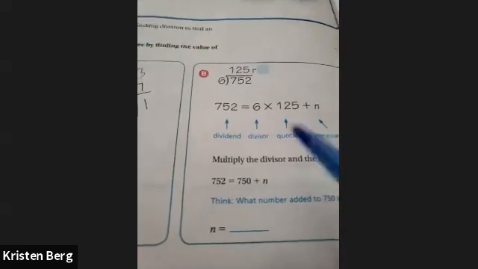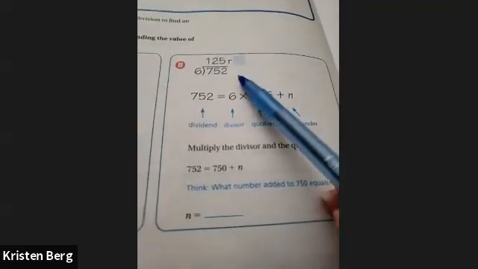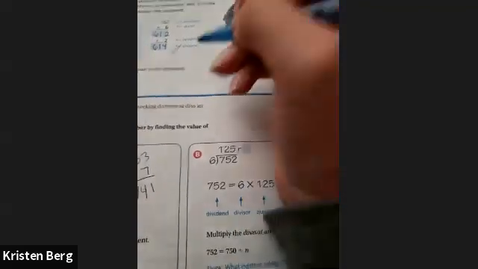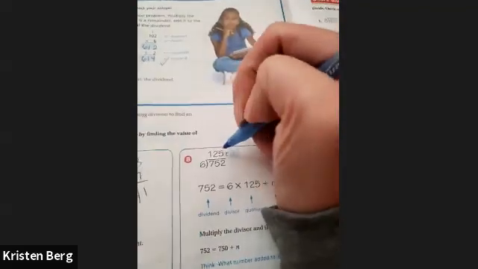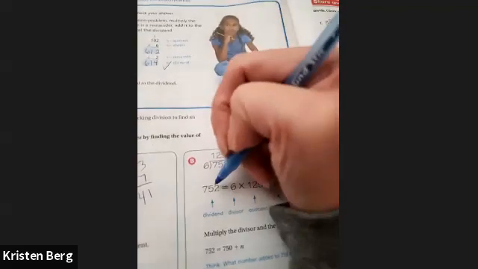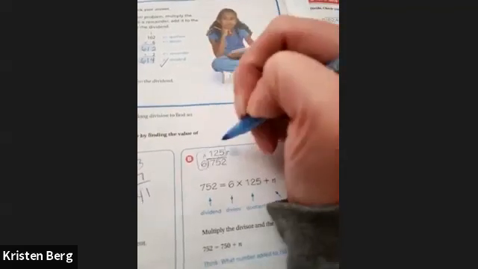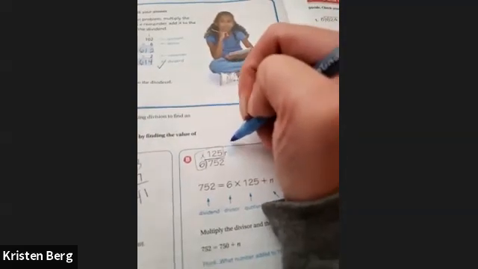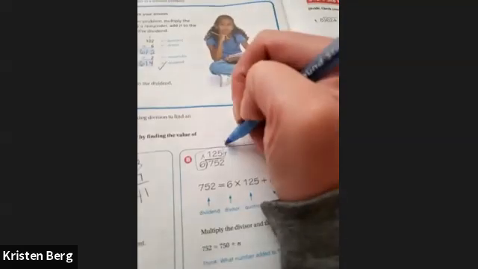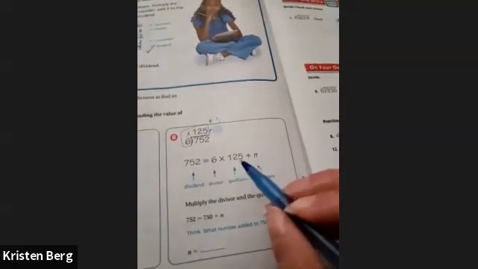Now they are saying the thing that is unknown is the N. So if you put it up into this type of situation up here, in order to find out what the remainder is, you would put your dividend here, which is what it equals, 6 times 125 with a remainder of something. Then we would have to add in this.